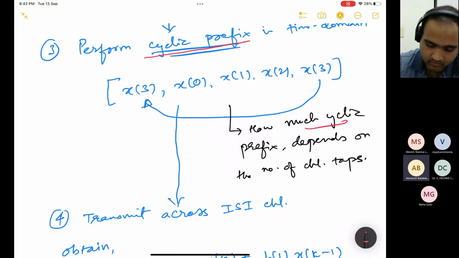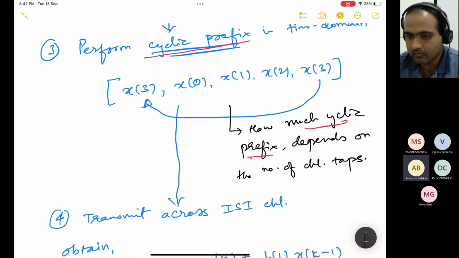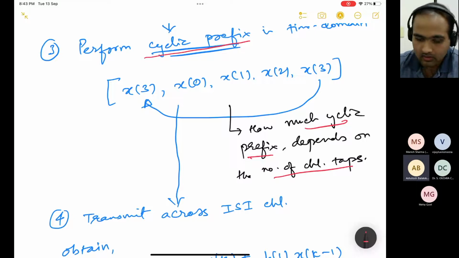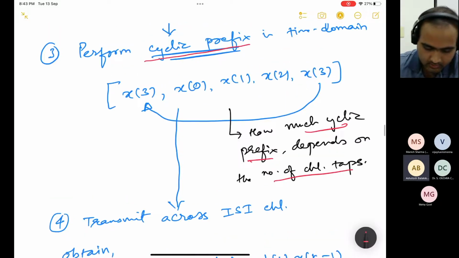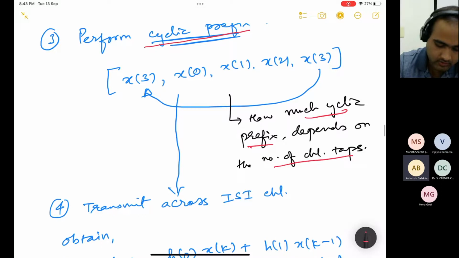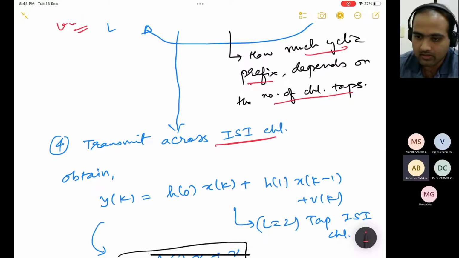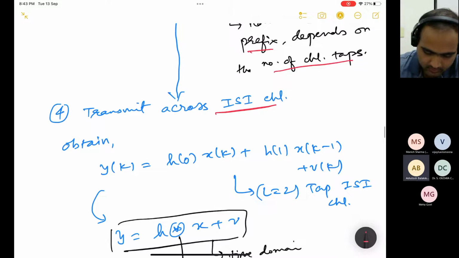That is the idea behind the cyclic prefix. How many symbols we want to prefix our block with depends on the number of channel taps. Say now this is my block which has to be transmitted across my ISI channel. ISI comes with multipath, and say this is our signal model.